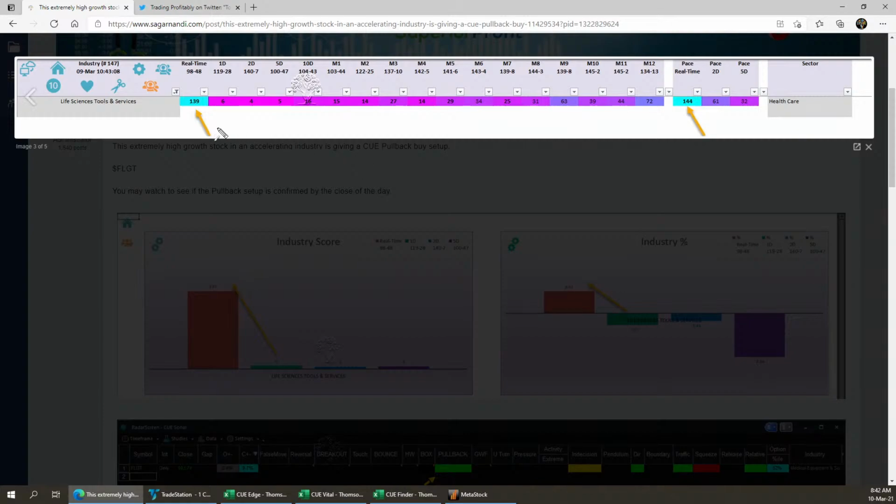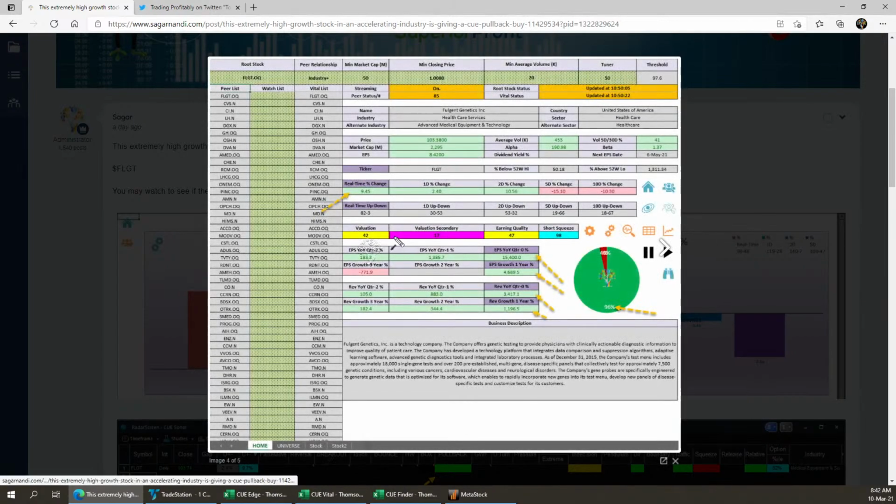This was the relative score from QH, extremely strong with acceleration. And this was fundamentals. Extreme high earnings growth in the last 3 quarters. 96% of peer stocks were up when I shared the snapshots before 11 a.m. Eastern Standard Time.